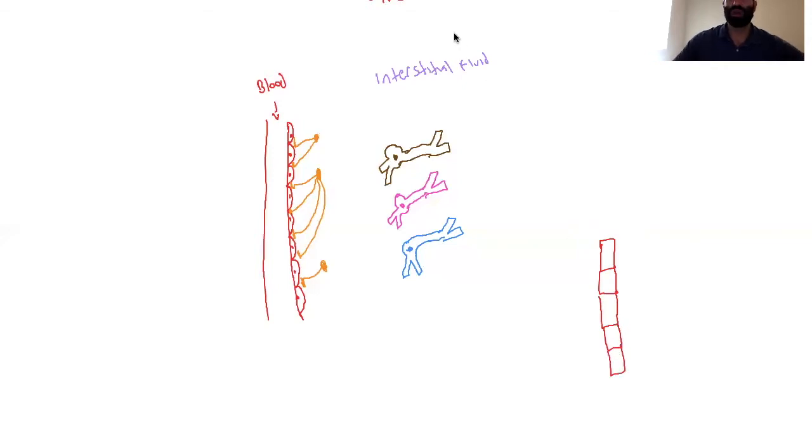It's going to be surrounded by a type of cell called an ependymal cell. Kind of looks like this. And what these ependymal cells do is they secrete cerebrospinal fluid into the brain ventricles, which is an incredibly important fluid for numerous reasons. So we're going to go ahead and talk about those reasons now.